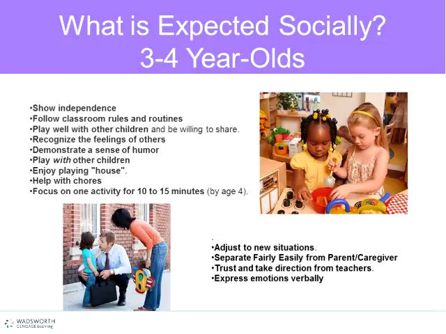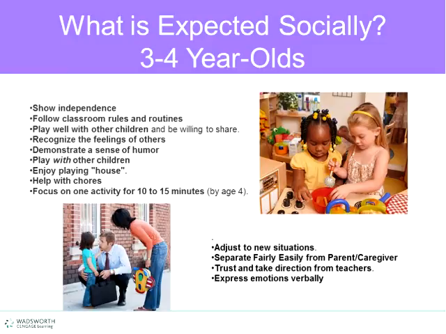They should be able to adjust to new situations, to separate fairly easily from their parent or caregiver when they're being dropped off. And I know you guys have probably witnessed quite a bit of this. They do get better at it with age. They should be able to trust and take directions from teachers as opposed to feeling the teacher is a stranger.